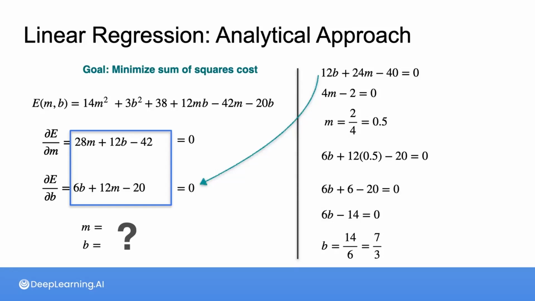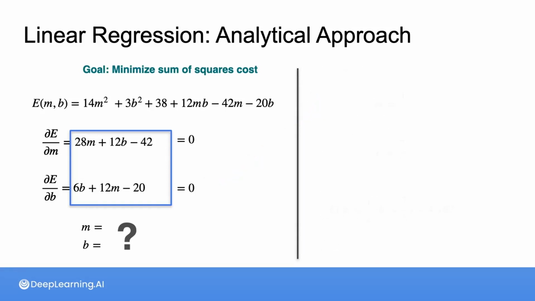If this seemed a little confusing, please check the linear algebra class where this is explained in detail. So now we have the solution to the system: m equals 1/2 and b equals 7 over 3. Those are the 2 values that make those 2 partial derivatives 0. And if you plug them back into the equation, you get that E of 1/2, 7/3 is 4.1.